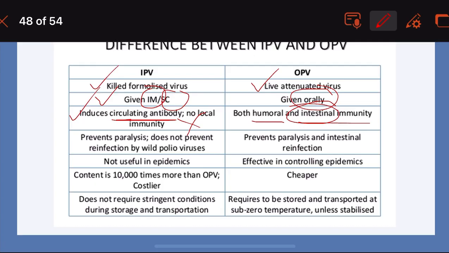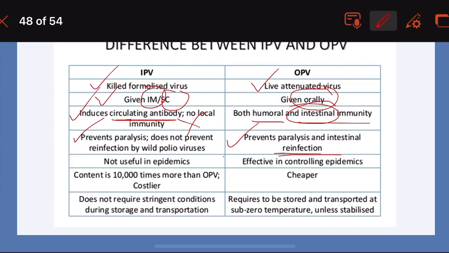OPV prevents paralysis and intestinal reinfection, whereas IPV prevents the paralysis but does not prevent reinfection by wild polioviruses, because there is no local immunity.